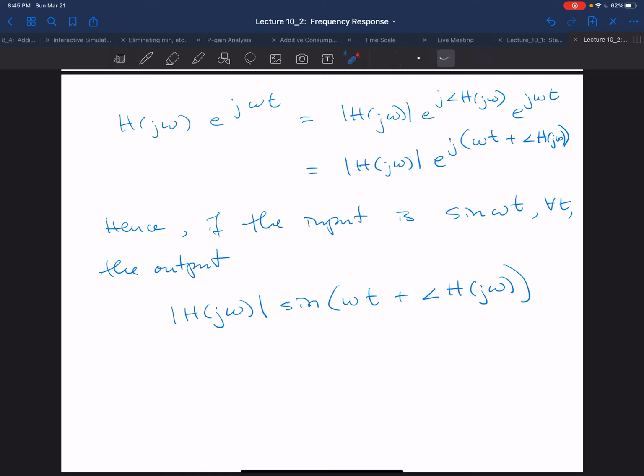And you can see that easily by just expressing this sine ωt as (e to the jωt minus e to the minus jωt) over 2j, and applying the result that we just saw using the principle of superposition. That shows you if you feed in the input sine ωt, what you get at the output is this same sinusoid at the same frequency, but its amplitude is multiplied by the modulus of H(jω), and its phase is shifted by the angle of H(jω).